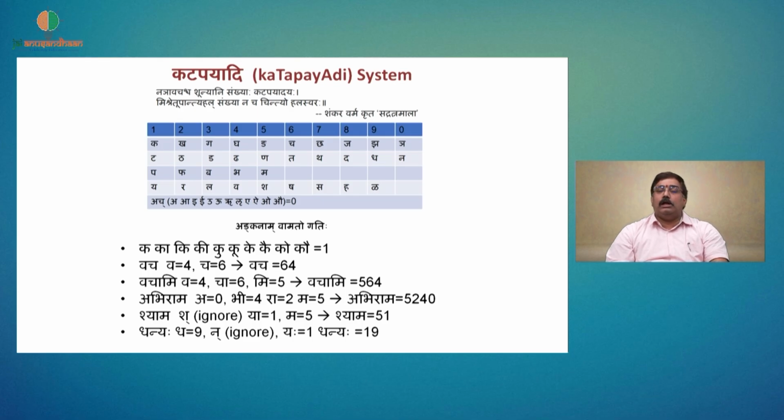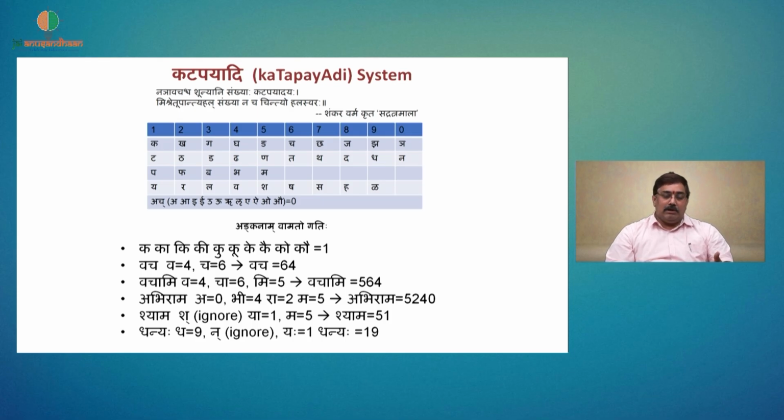So just taking the letters of the Sanskrit alphabet, ka kha ga gha nga, cha chha ja jha nya, ta tha da dha na, pa pha ba bha ma, ya ra la va, sha sha sa ha la. If you look at it, it takes all the vyanjanas and gives them number values, and then ignores the swaras. That means ka, kaa, ki, kee, all of those will mean just the value of ka. Similarly, ta, taa, ti, tee, all of those will mean whatever the value of ta is, that is 6 here. And similarly so forth.